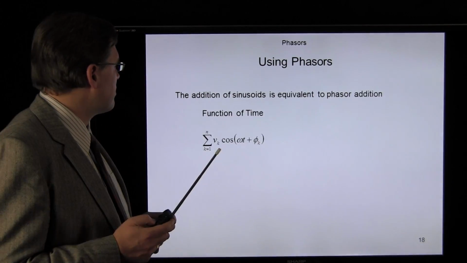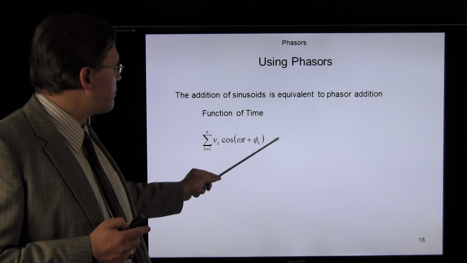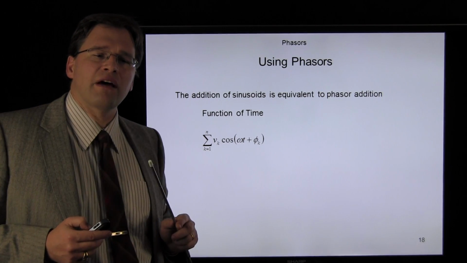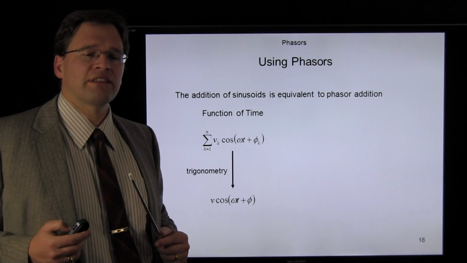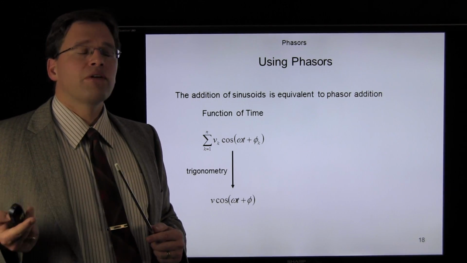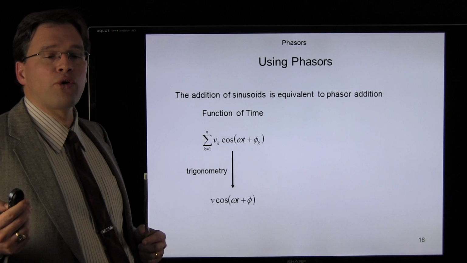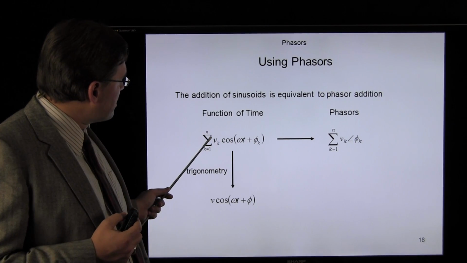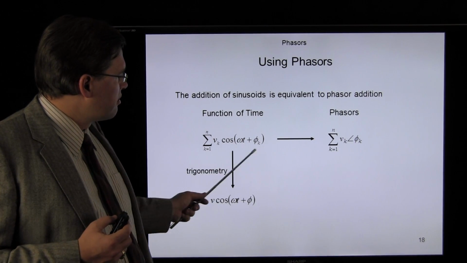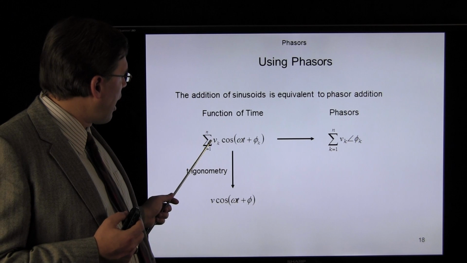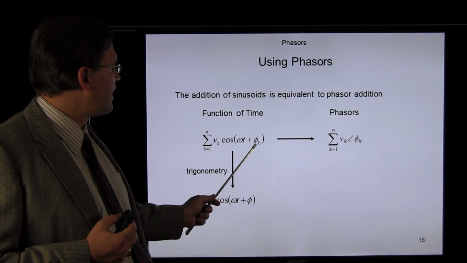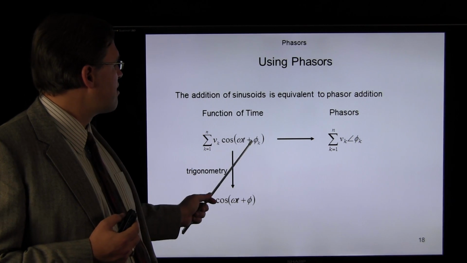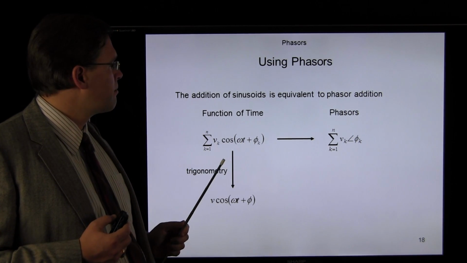Now, normally when we're trying to calculate the sum of trigonometric functions, we would have to do the operation we considered before. However, what we're going to see is that we can actually transform this function. For every single sinusoid here, I'm going to consider its representation, nu sub k, phase phi sub k.